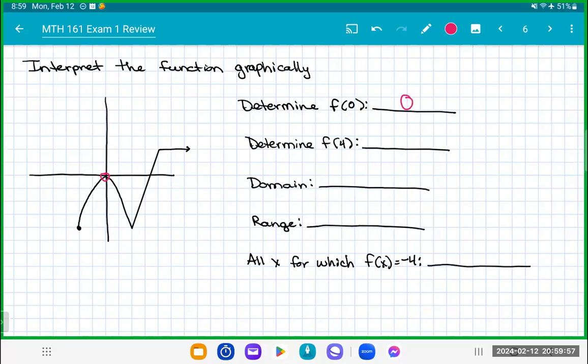Does everybody see that? Now when x equals 4, we come out 1, 2, 3, 4. Here's x equal to 4. What is my y value? My y value in that case is 2.